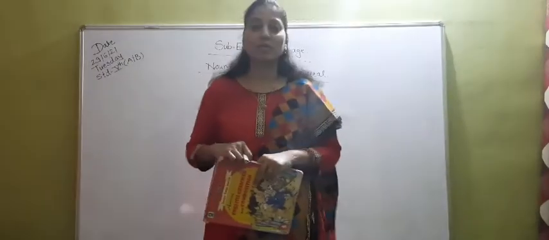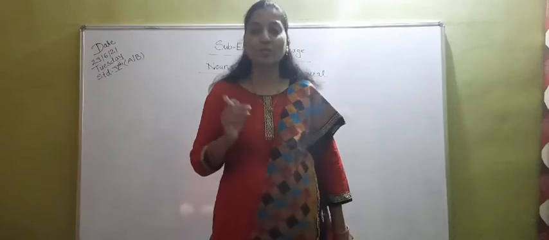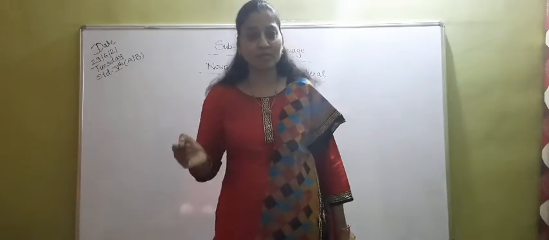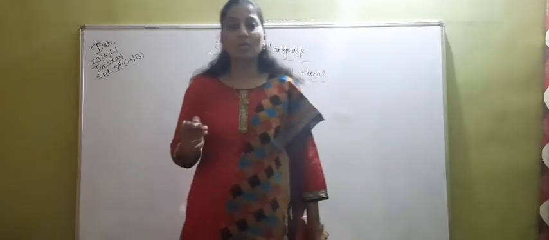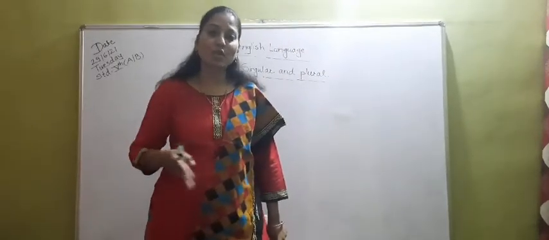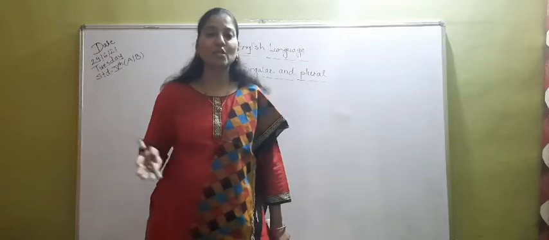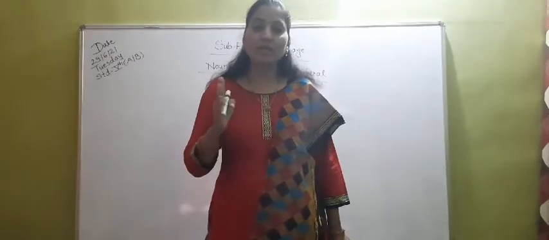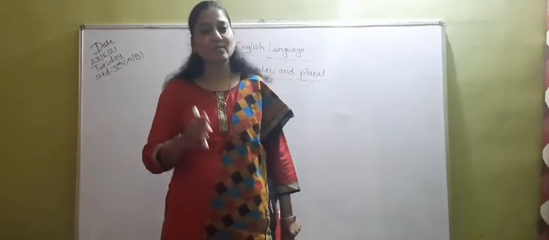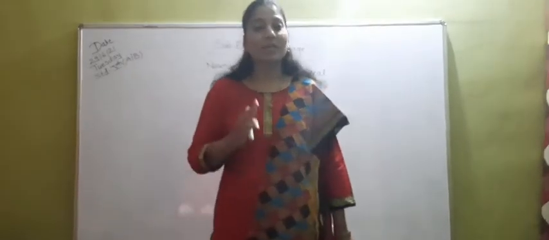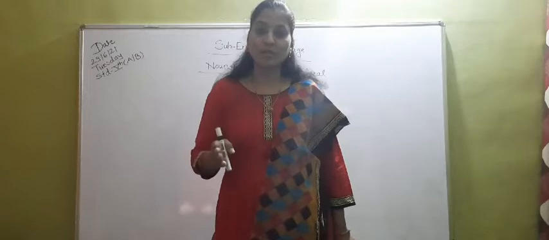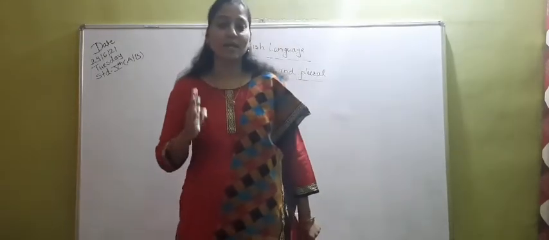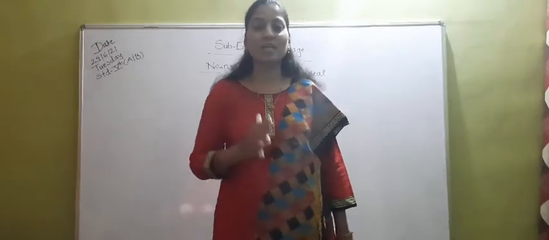So first of all, the first thing is that you have to know perfectly what is singular and what is plural. Okay. So by solving all the examples you have come across, you have understood the meaning of singular, and if we want to make them plural we have to add es to the words.